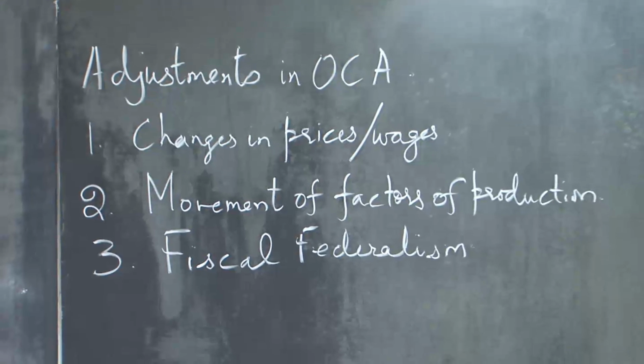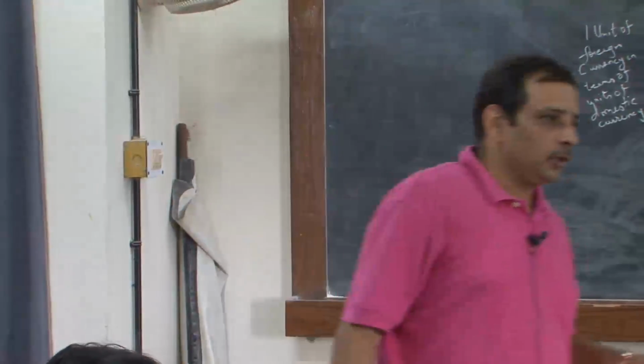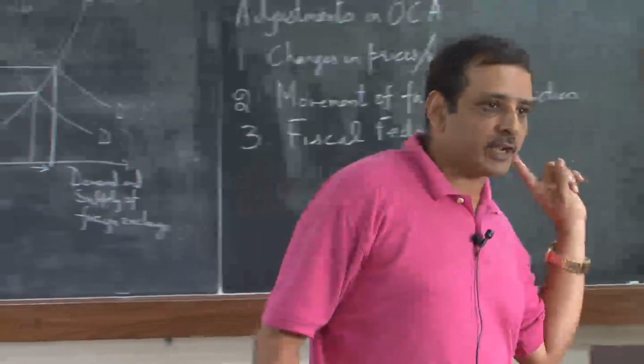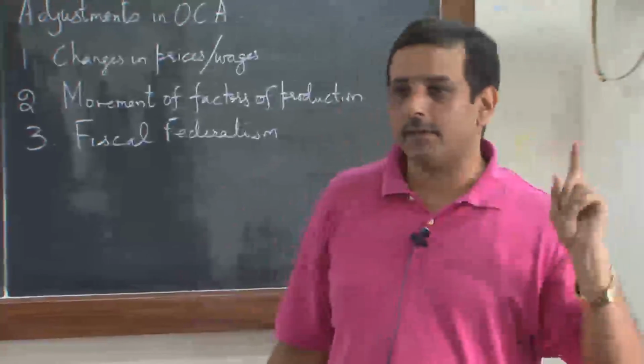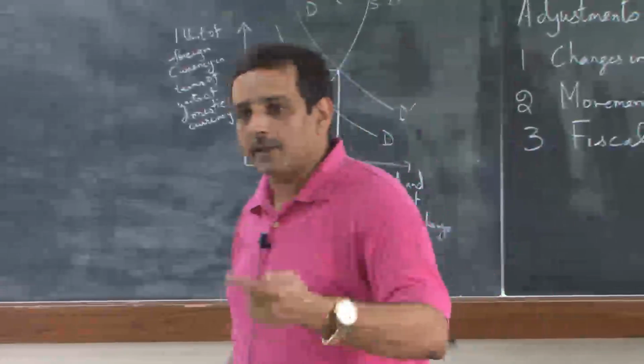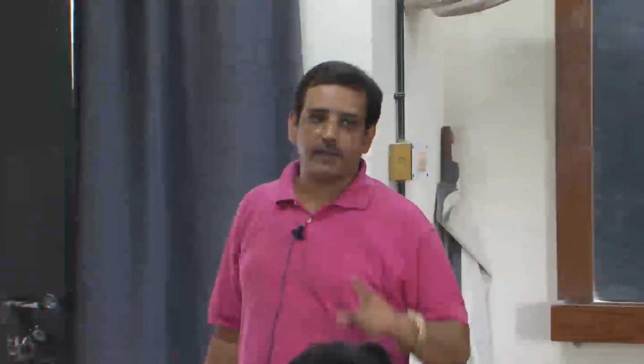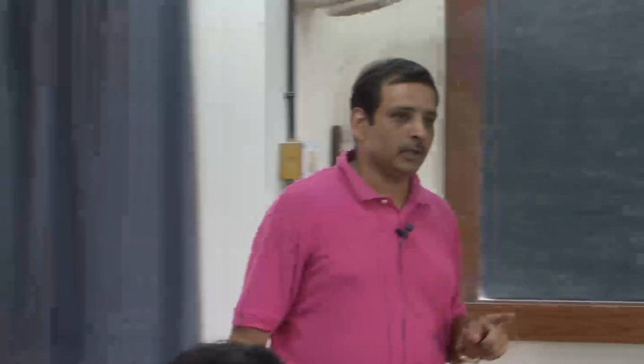So, say for example, you start liking goods emanating from the Western world. If the exchange rate cannot change, what can change are the prices. So, if you start liking Western goods, the demand for the Western goods would go up, the price of the Western goods would go up.